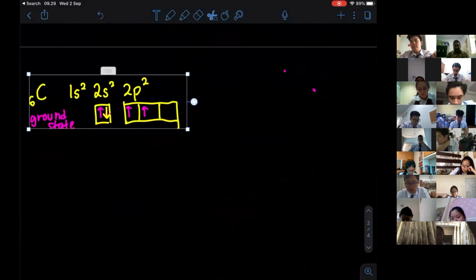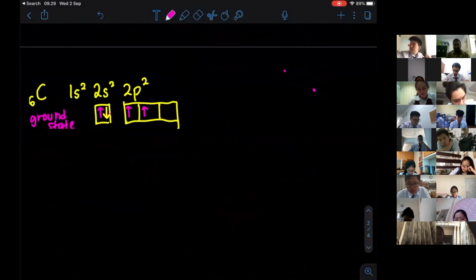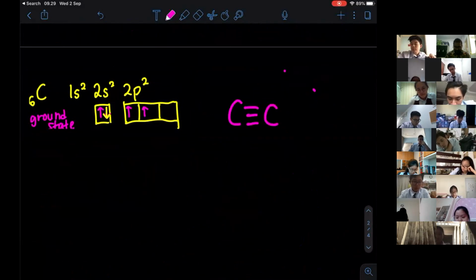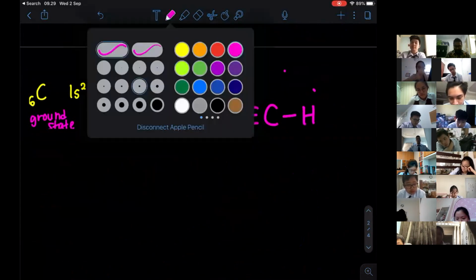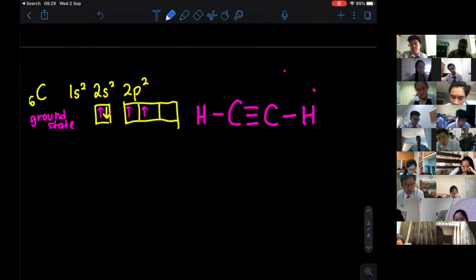When I have this ground state again, let's say the example that I'm going to look at is C triple bond C. So you have H and H. When you have this situation, if you look at that structure, just focus: carbon is bonded to one hydrogen and also bonded to one carbon. Ignore these two.